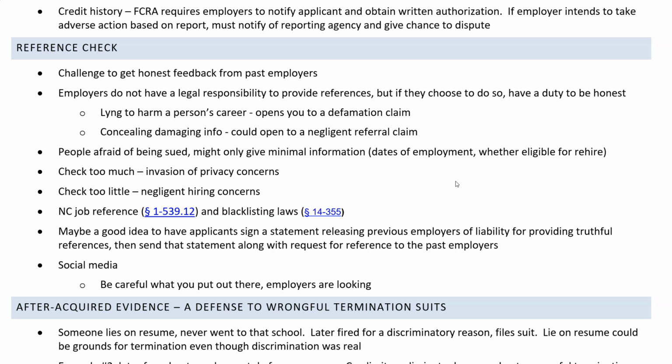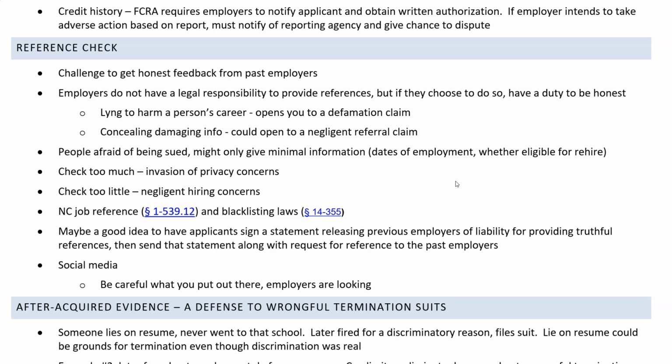So, there comes a point where we have to ask whether or not checking references actually does anything. It's probably still a good idea to do. The employers don't have a legal responsibility to provide references, but if you do so, you do have a duty to be honest. You can't just lie to harm a person's career. That can open you up to a defamation claim.